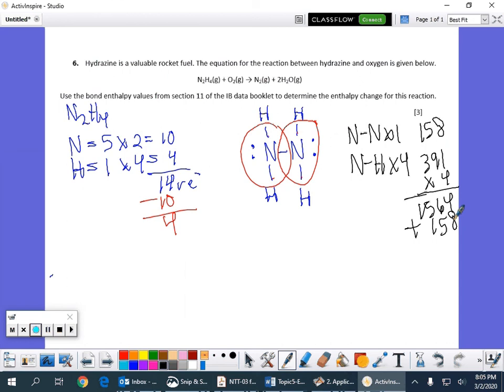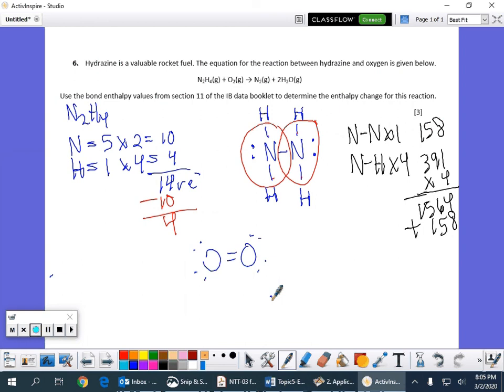Now the other reactant that we have is O2. And if you have been doing this long enough, you will just automatically remember, without having to go through the whole Lewis structure, that O2 has a double bond between your oxygens and two lone pairs on each oxygen, giving everybody an octet.